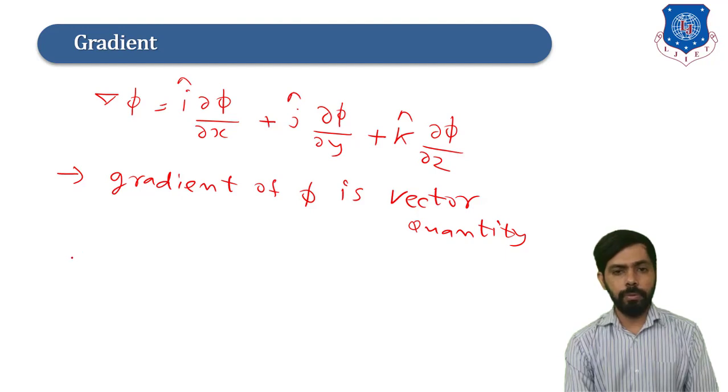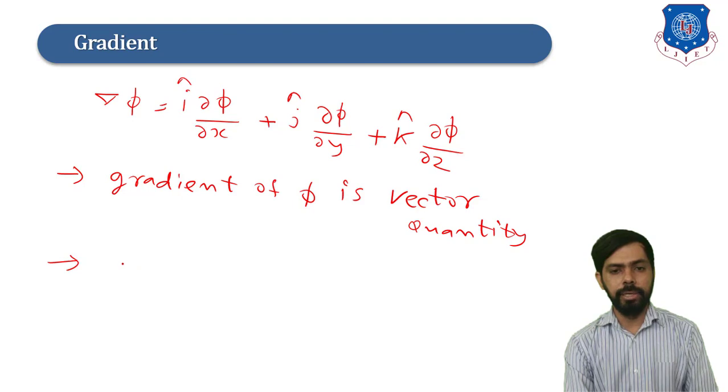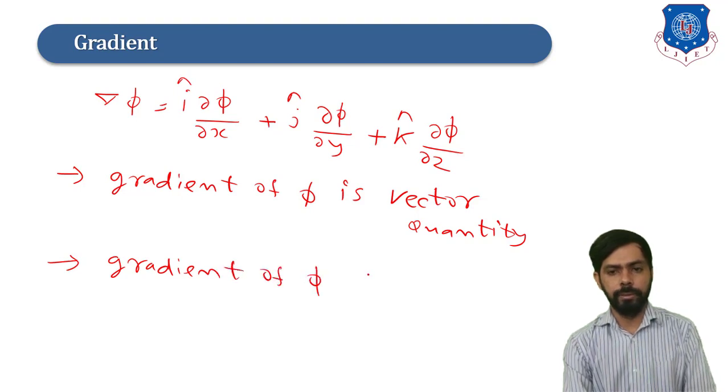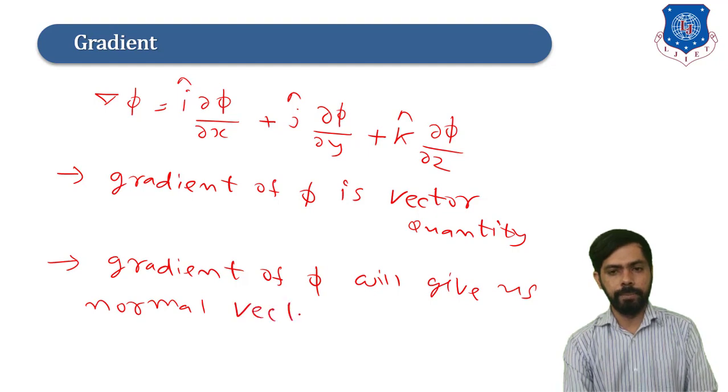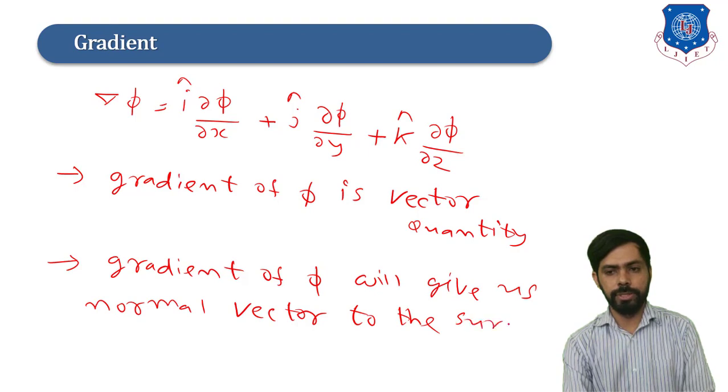Now what is the geometrical importance of gradient? Gradient of phi will give us the normal vector to the surface phi(x, y, z) equals constant.